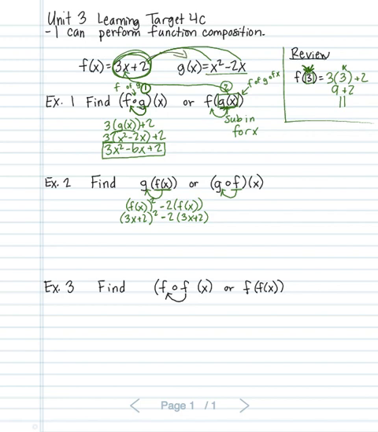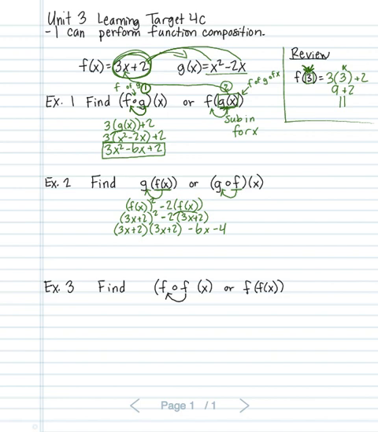So we've got 3x plus 2 squared. Don't forget, something squared means multiply it by itself. We can go ahead and distribute that negative 2 if we'd like to get negative 6x minus 4. We know these parentheses next to each other means to distribute.